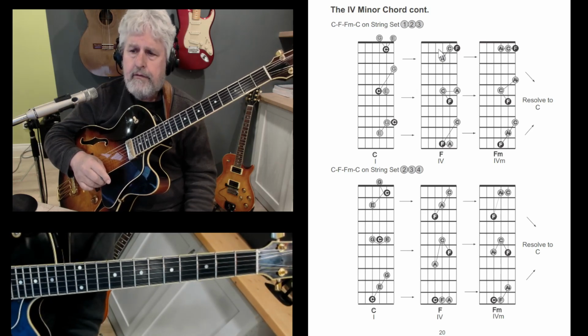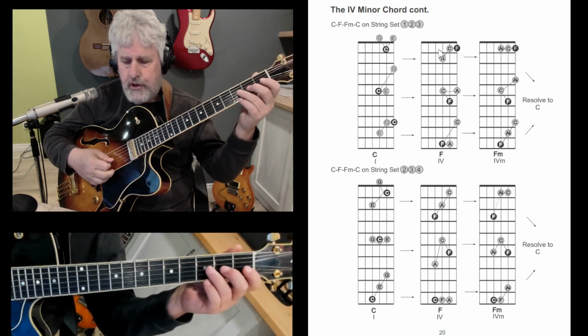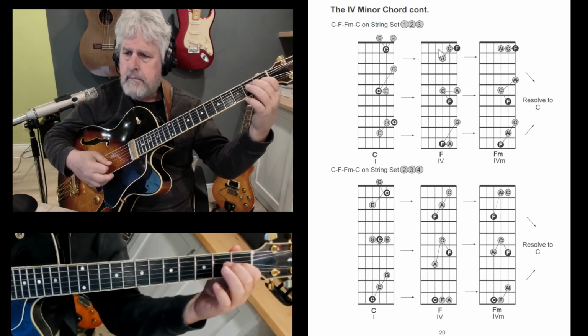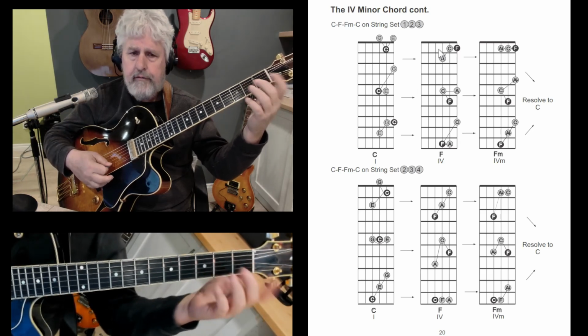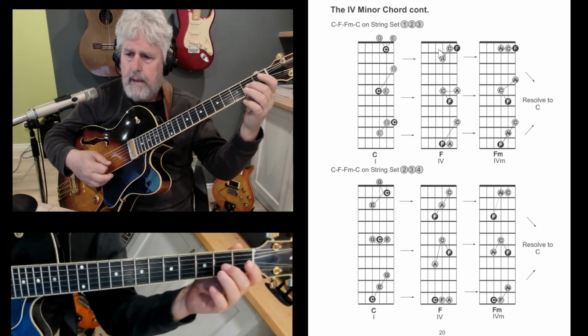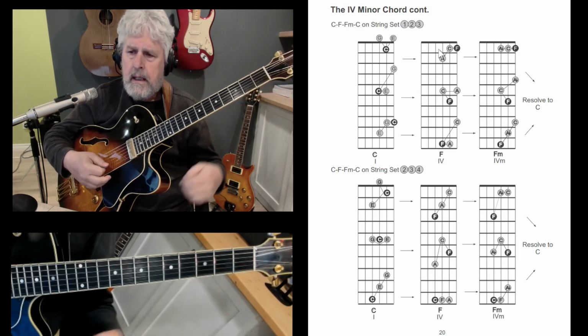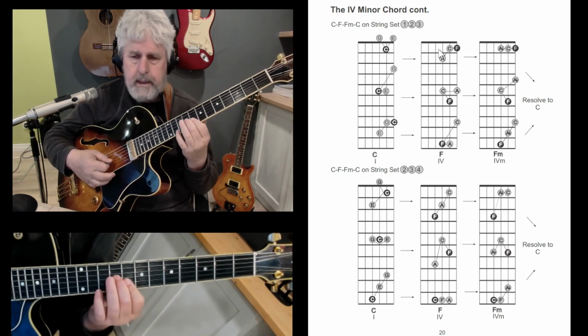And the other thing that's moving here is that G moving to the A flat. And so you get this little chromatic movement. And these are the things that you should be able to hear.